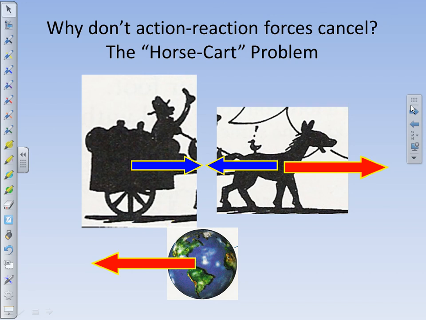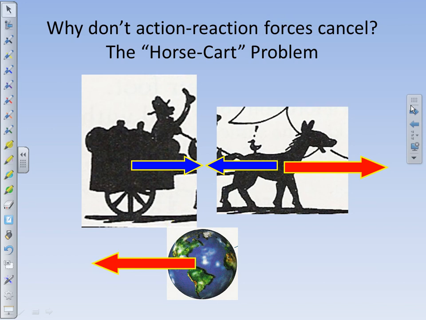Right? The two reds in this picture are also an action-reaction pair. A different action-reaction pair than before, but an action-reaction pair. Equal in magnitude, opposite in direction. Different objects. Right? So because of all these forces, the cart would move to the right, the horse would move to the right, but what else should happen?